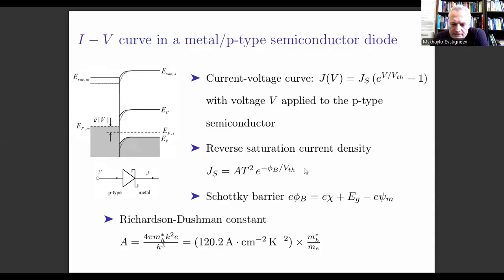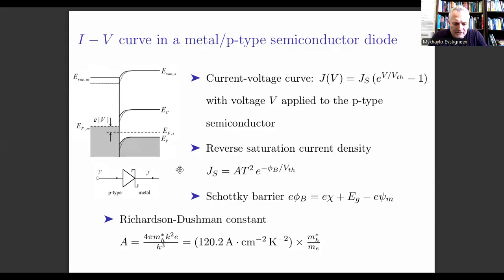Well, in that case, the current voltage curve changes polarity, because if you apply positive bias to the metal, this would make the current small. You will be in the reverse saturation regime. So in order for the junction to work, to have large current, you need to apply negative bias to the metal, so the polarity changes.